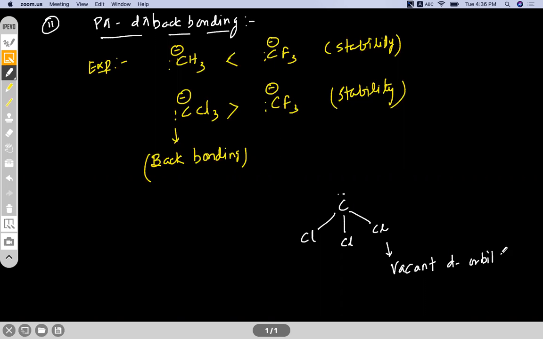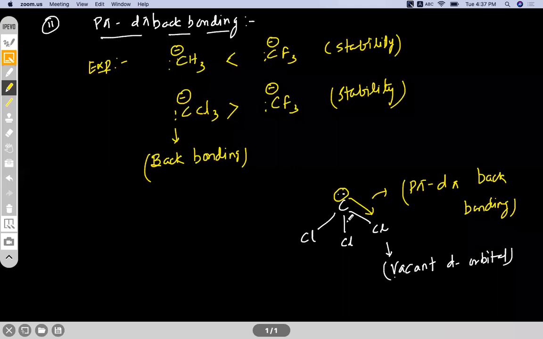That's why this lone pair of electrons donates into the vacant d orbital of chlorine, and hence we have p pi d pi back bonding, where p orbital of carbon and d of chlorine are involved.